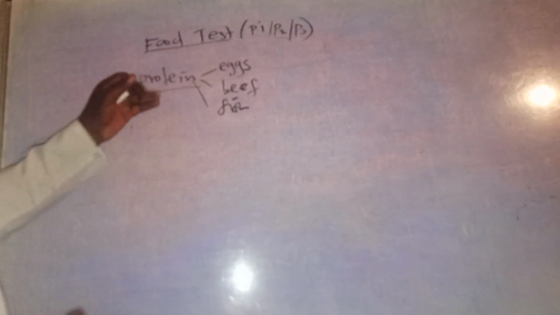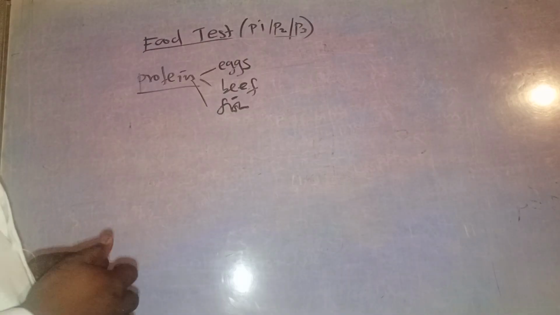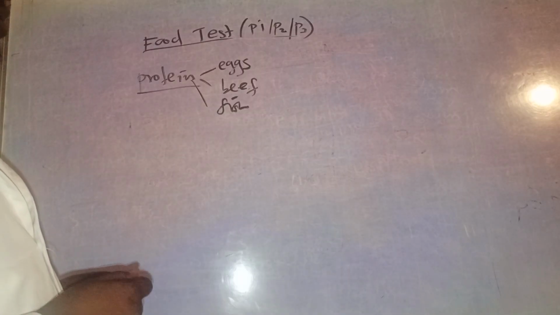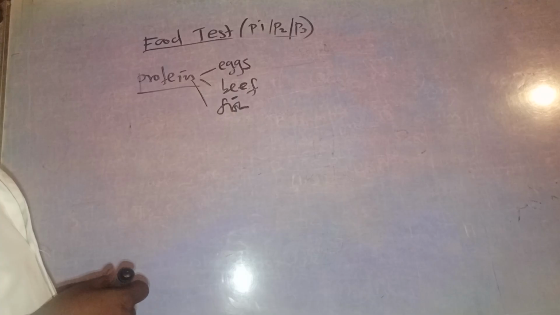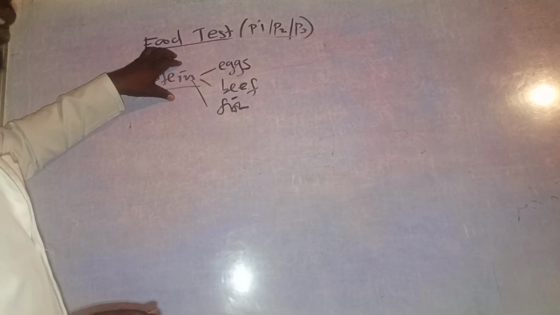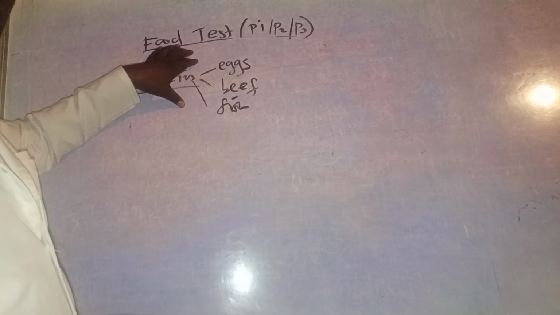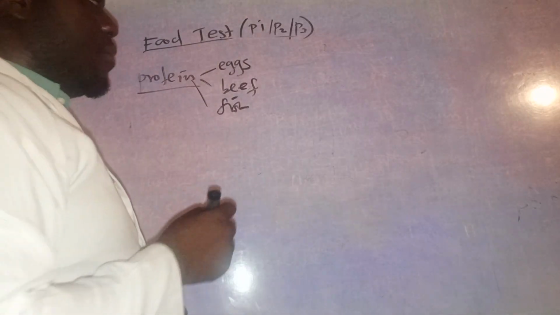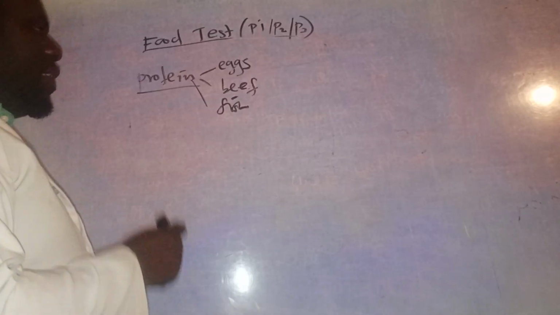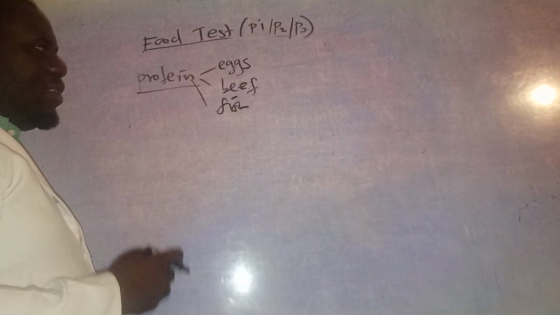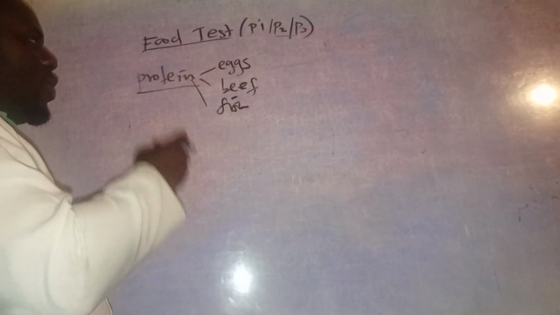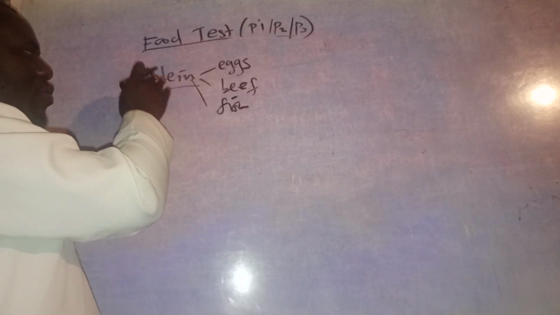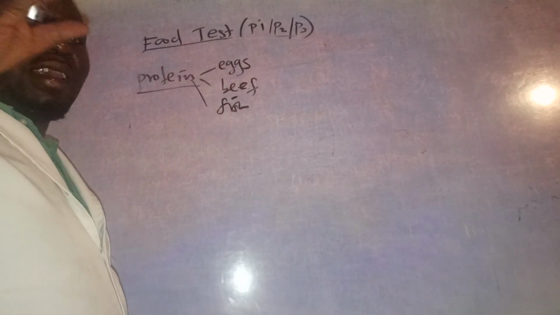All those contain proteins, and proteins are very important in our body. So sometimes they can ask you the importance of protein in the body, the importance of carbohydrates. So pay attention. Then at the same time, what disease is caused when someone is lacking protein or carbohydrates in the body.